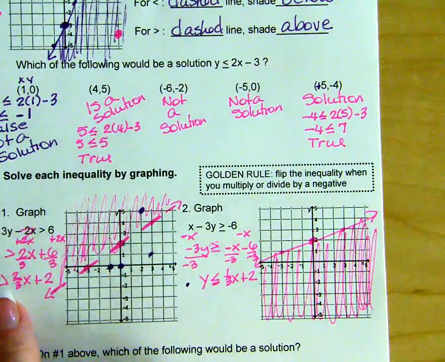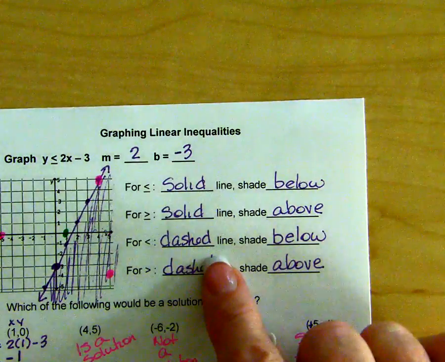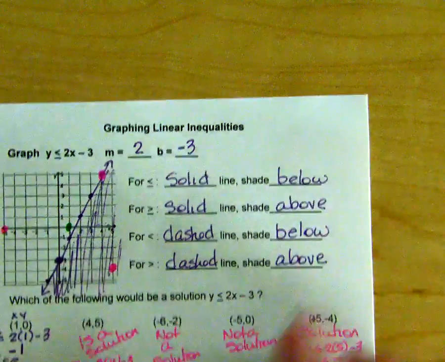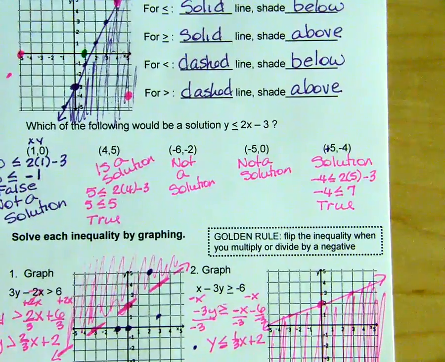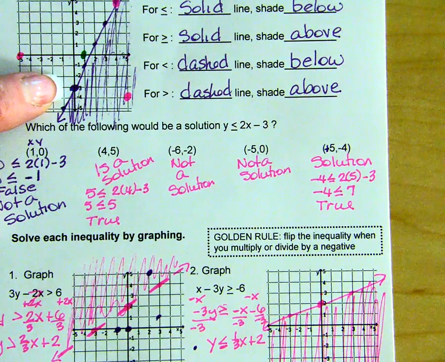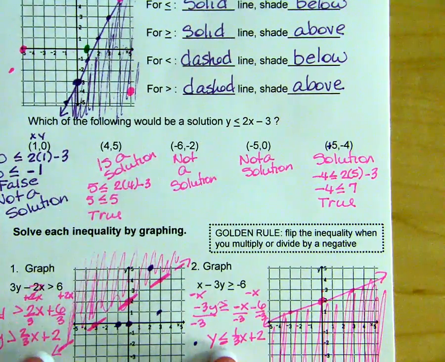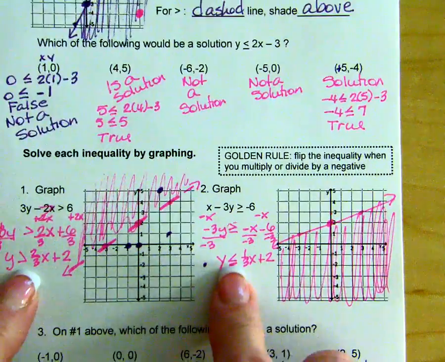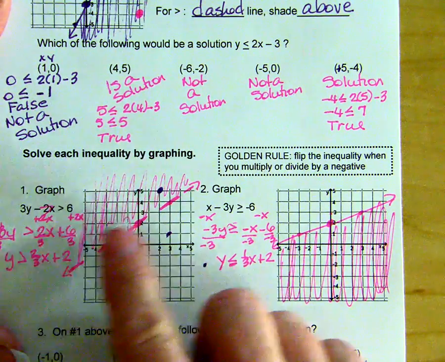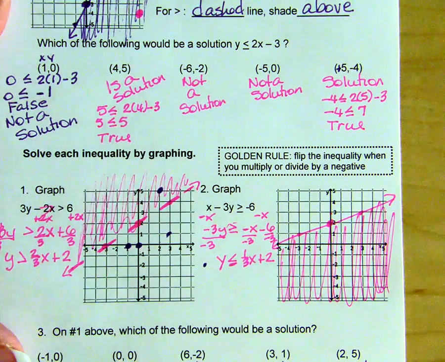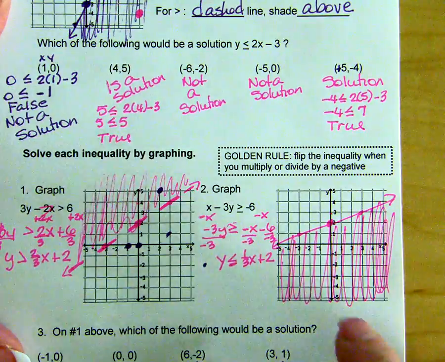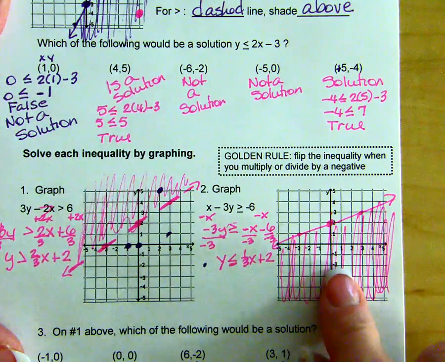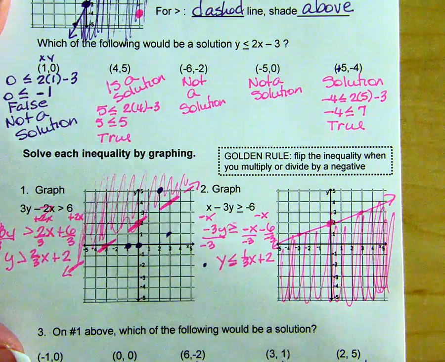Then you make sure that you have a solid or a dashed line, shading above or below based on the location of the y-intercept, and those things that are either smaller or bigger than that, depending upon where the inequality sign will take you. This one being greater than, we wanted values of y that were bigger than 2, and on this one we wanted values that were smaller than 2.